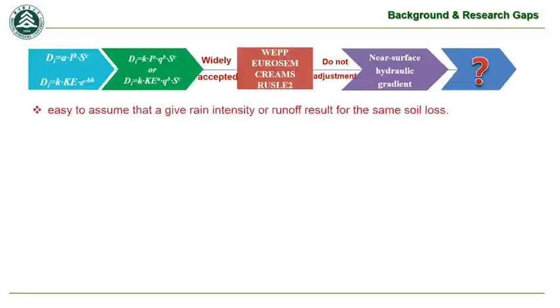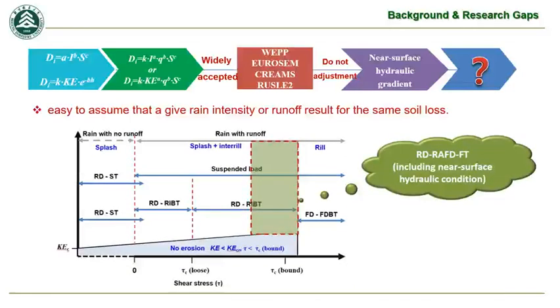But this progress lacks adjustment for near-surface conditions. It's easy to assume that a given rain intensity or runoff results in the same soil loss. So, should we include the near-surface hydraulic condition in the interrill erosion processes? I think it's still a big challenge.